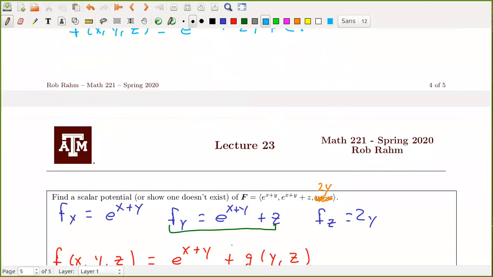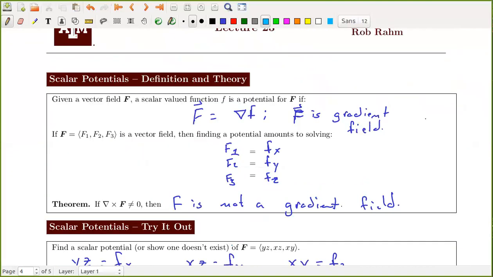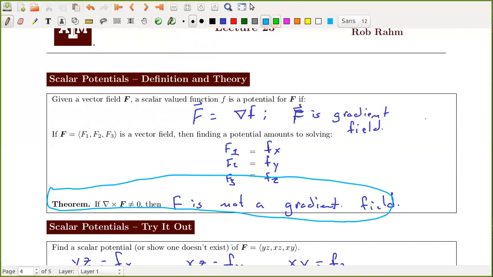But let's go back up to this fact here that we saw. This is the fact that I'm referring to. Okay, so the curl of the vector field is not equal to 0. That means that F is not a gradient field.